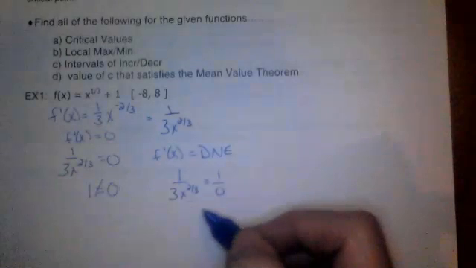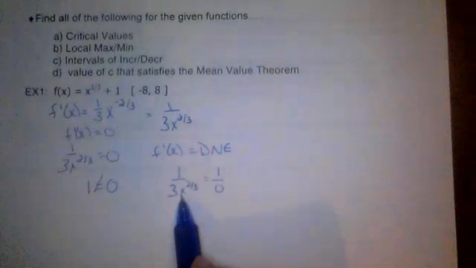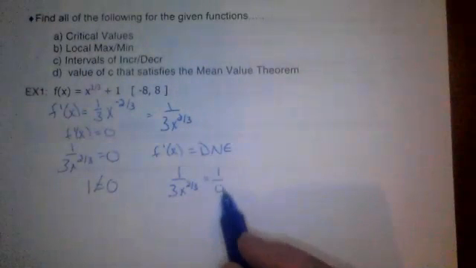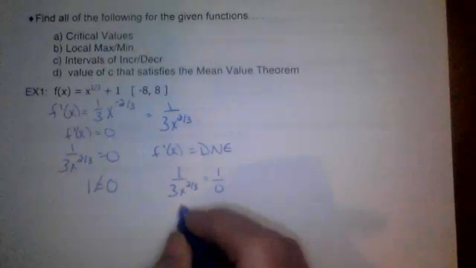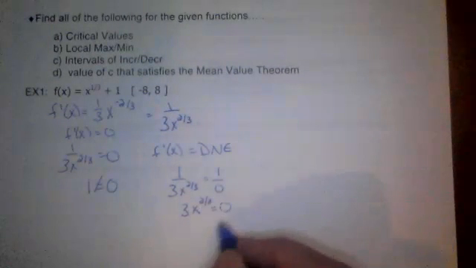Now, this one is super easy because we can see that's going to be undefined where the denominator is 0, but just for the future, it doesn't exist where the slope doesn't exist. And so 3x to the 2/3 power would equal 0.